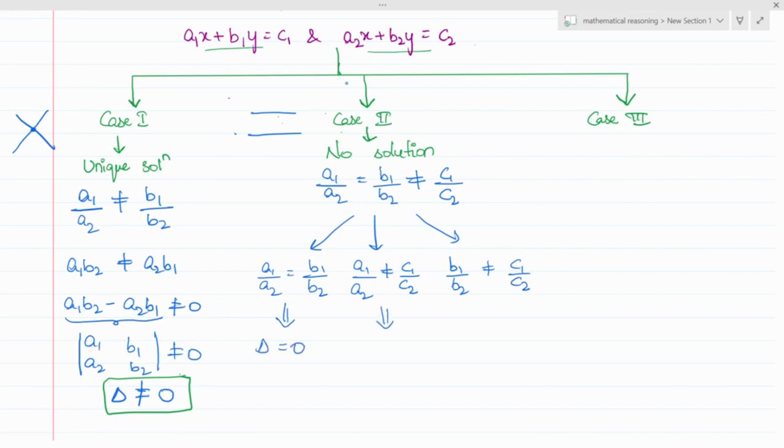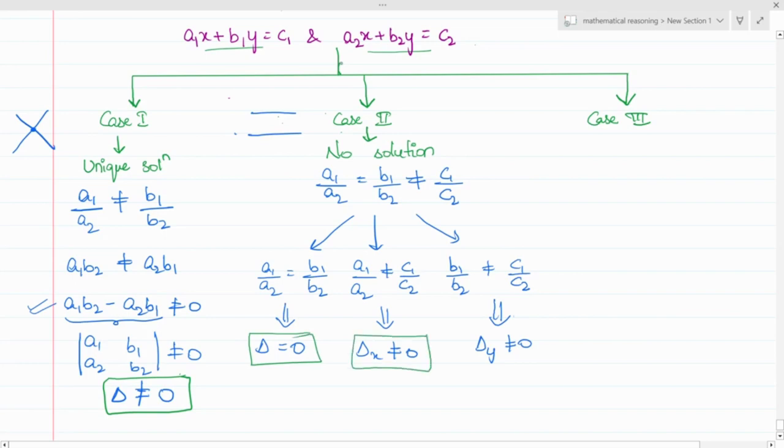Here when you simplify, you will get delta x not equal to 0. And similar to this, you will get delta y not equal to 0. So basically you need to remember that in the no solution case, delta will be equal to 0, but delta x and delta y will not be equal to 0. Next, case 3. Case 3 is when we have infinitely many solutions.